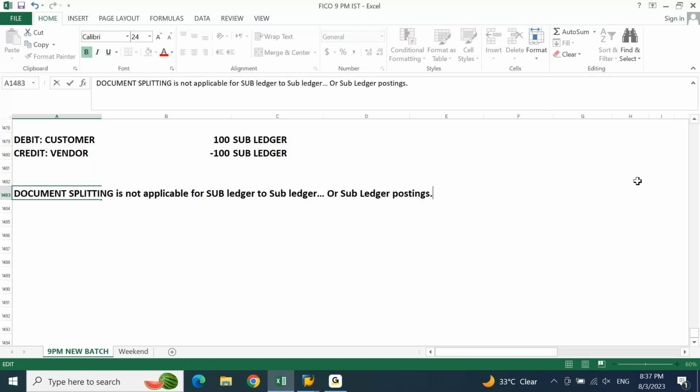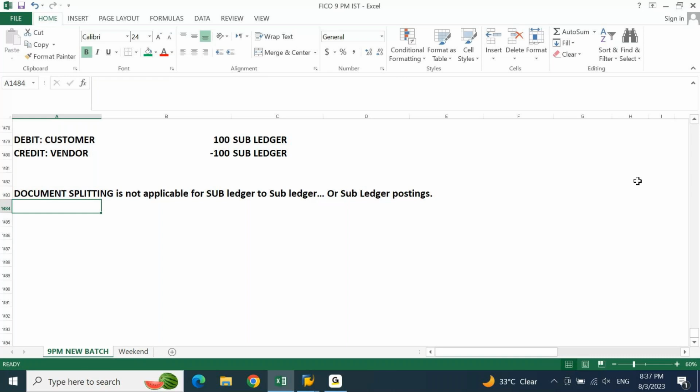In short, document splitting is not applicable to subledger postings. Now, in this entry, am I debiting and crediting only subledger, or is the main ledger also involved? Main ledger is also involved.